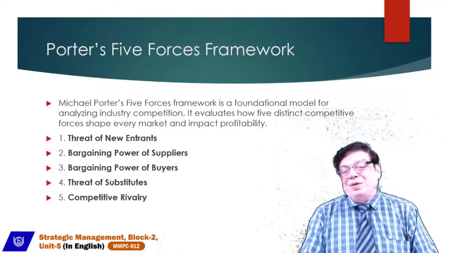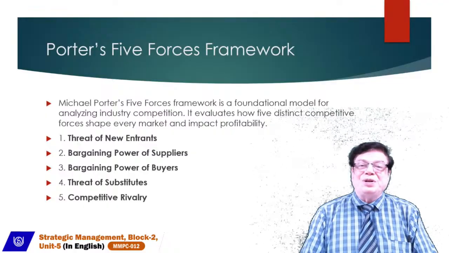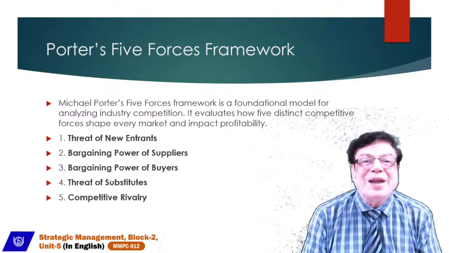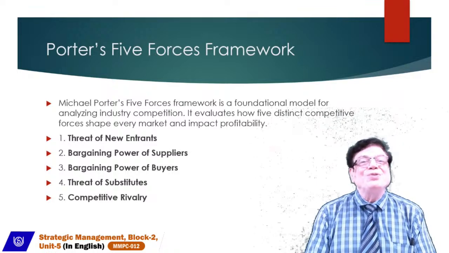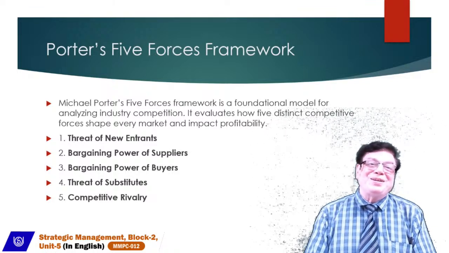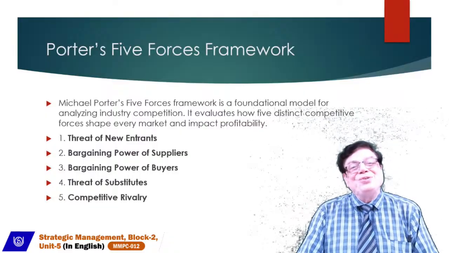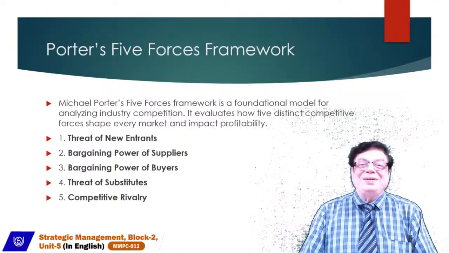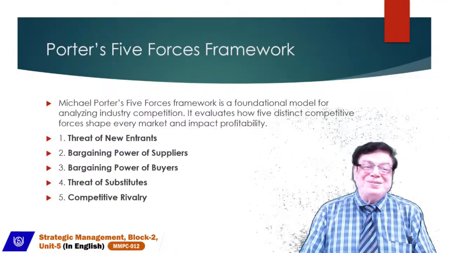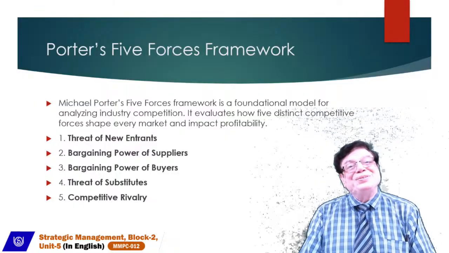If in one particular market you are the only one selling that particular item, you will not reduce the price. If there are 5 shops in that market selling the same commodity, then naturally the shopkeepers will reduce the price so that their sales take place. Then next is threat of substitutes.